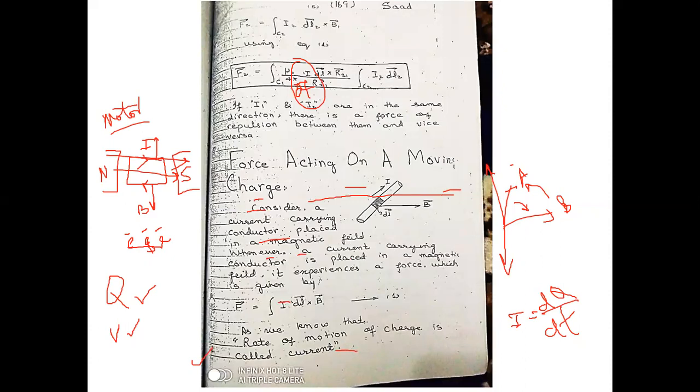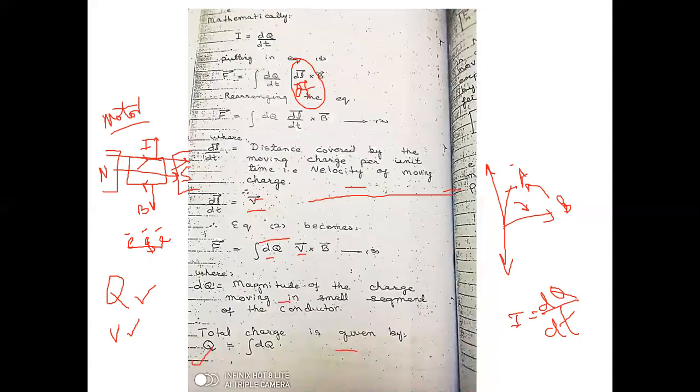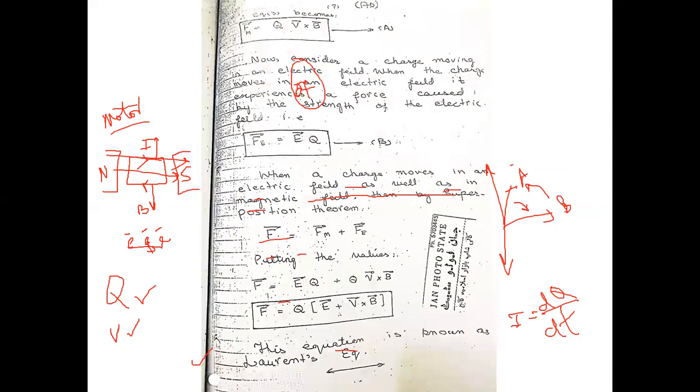For this purpose we have introduced q and V, and then we found Fm and Fe. After the superposition theorem we get the final equation, called the Lorentz equation, F is equal to Q into E plus V cross B. Remember this, there is a cross product between the velocity and the magnetic flux density.